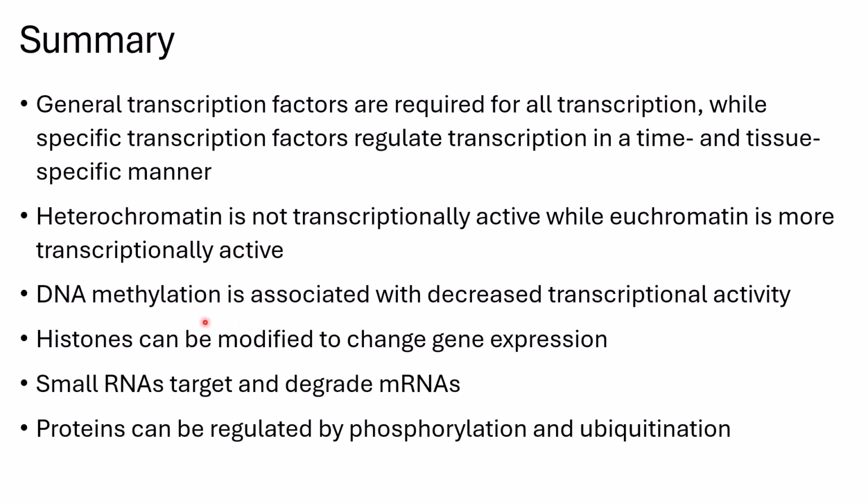DNA methylation is an epigenetic mark that is generally associated with decreased transcriptional activity, and histones can be modified to further modulate gene expression. Small RNAs such as microRNAs and siRNAs can target and degrade mRNAs so that the transcript does not get translated. We learned that proteins can be activated or inactivated by phosphorylation and degraded by the proteasome after ubiquitination.